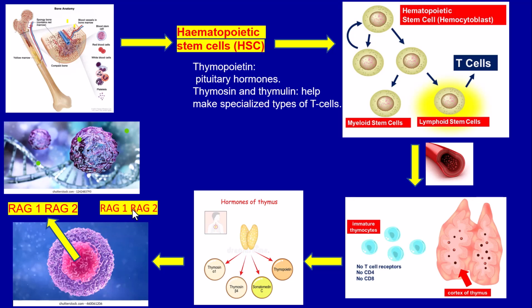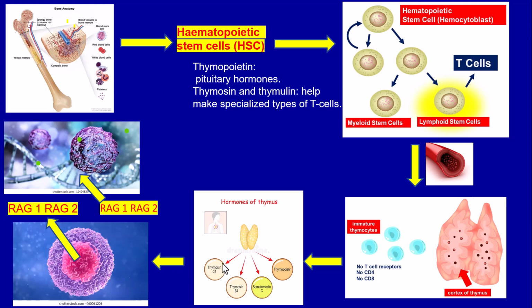RAG1 and RAG2 then act on the chromosomes present in the nucleus of these T lymphocytes.